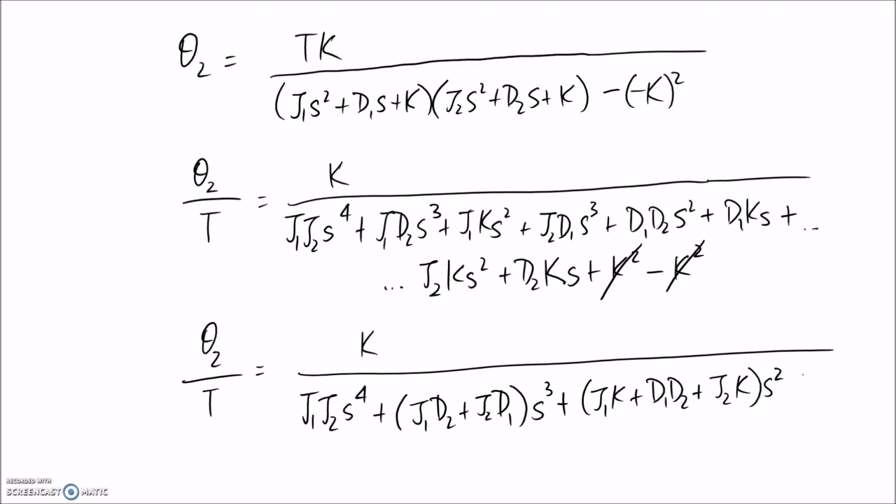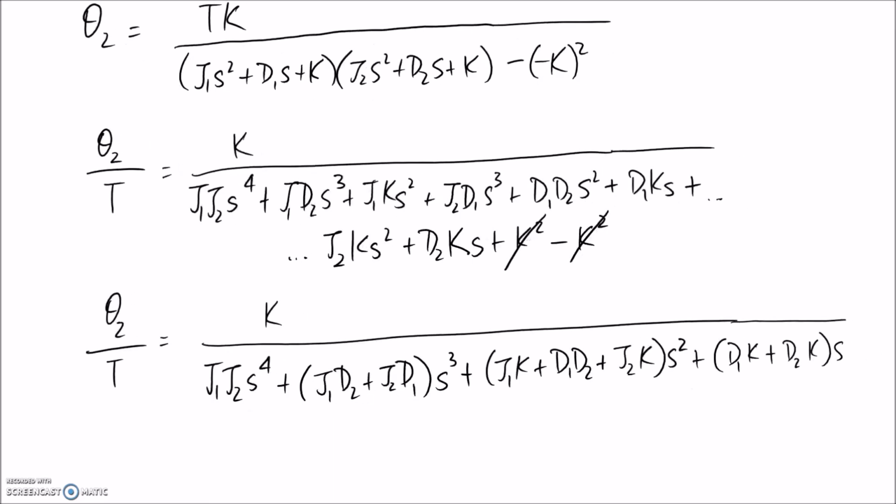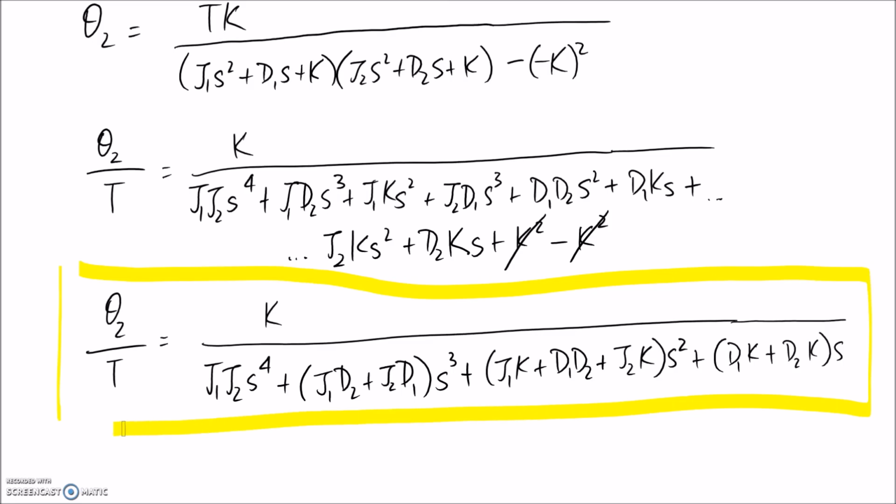And we've got a couple of s terms as well on the end. Cool. So this becomes our final answer for the transfer function, and it's even in a nice form to be able to keep working with it. So that's all there is for this question, and I'll see you in a different video.